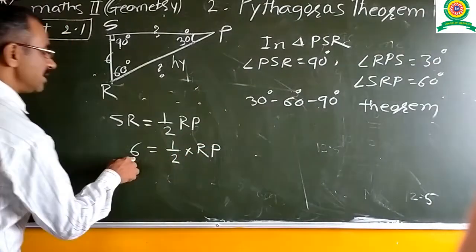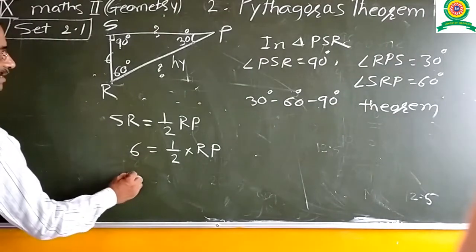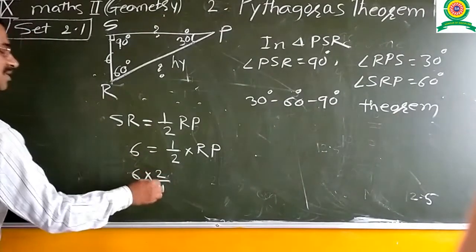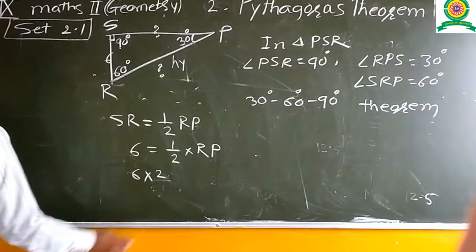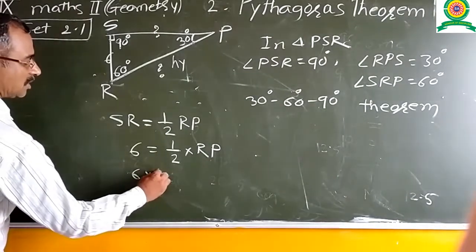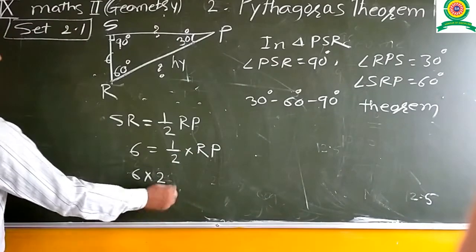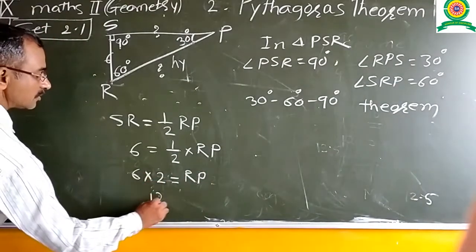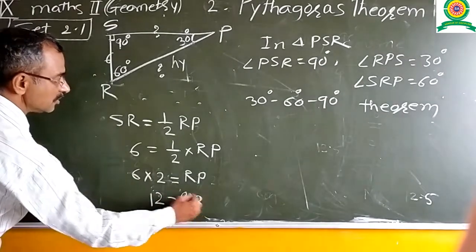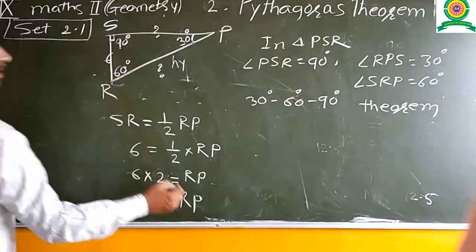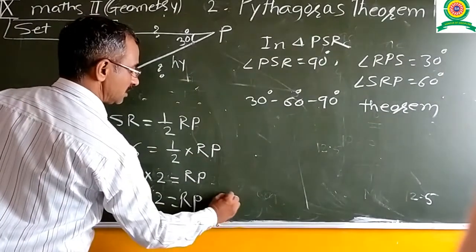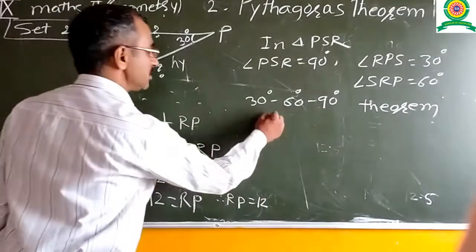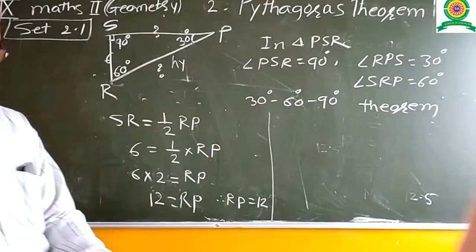The 2 moves to the left-hand side and gets multiplied with 6, so 6 into 2 over 1. There is no need to write the 1, because dividing by 1 has no effect. So 6 into 2 is 12, RP. Therefore, the value of RP is equal to 12. The unit is not given, so it is only 12.